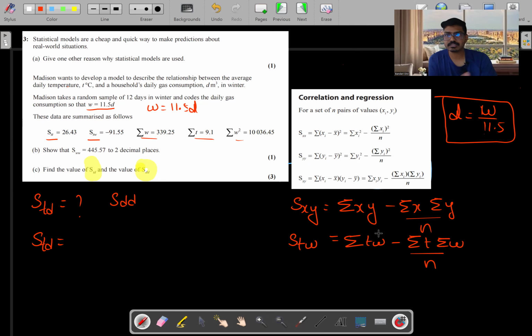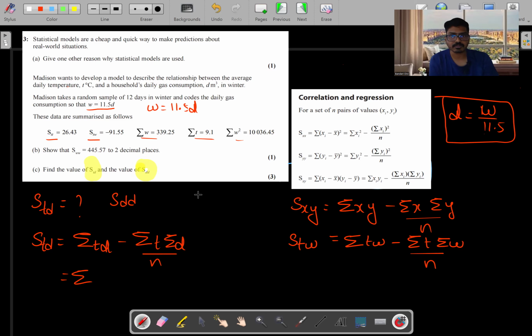If you write down the same equation, STD will be sigma of TD minus sigma of T sigma of D upon N. Now coming to the actual question, what is our sigma of TD? We don't know, but we know our D value.